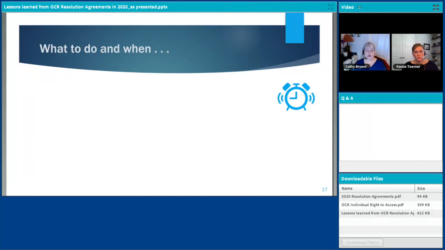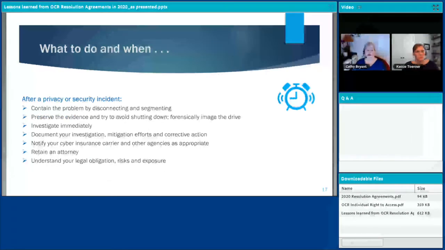So what do you do when you have a privacy or a security incident? If it's a security incident, you want to disconnect or segment that device from your network.